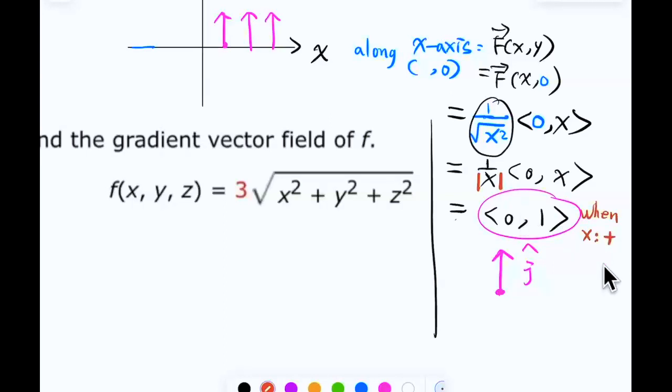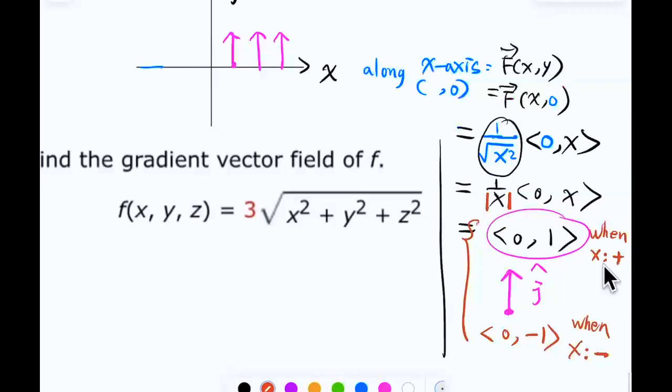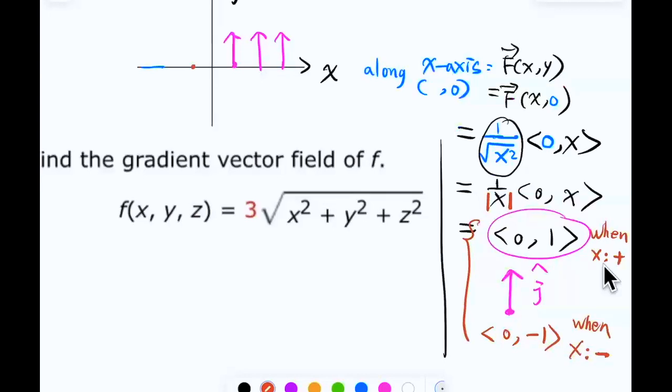What happens when x is negative? 0, negative 1. Yes, you got it. So when x is positive, it will be the J vector, but when x is negative, it actually goes down like this. It's a negative J vector right here.